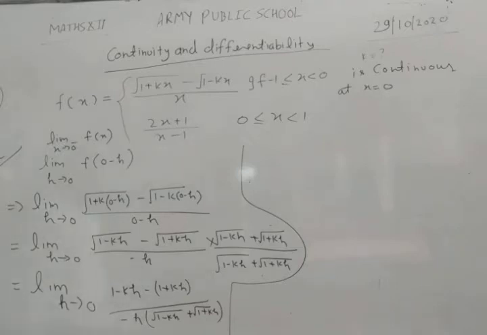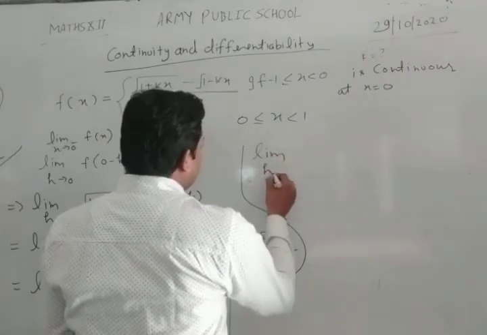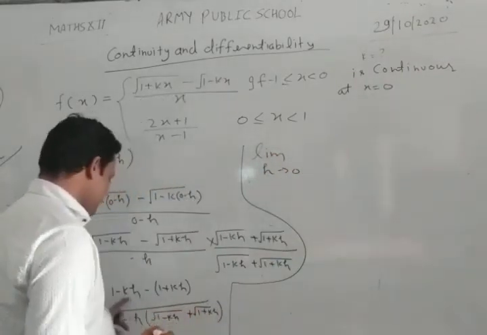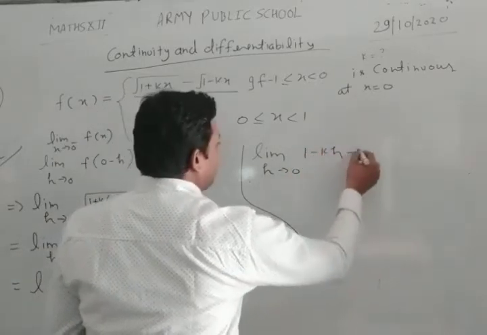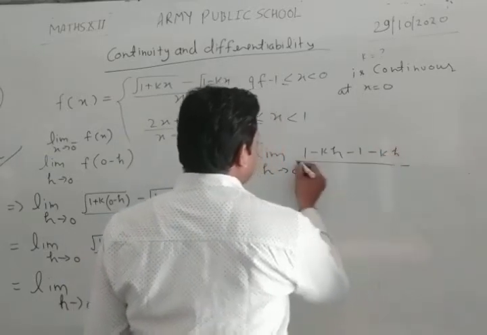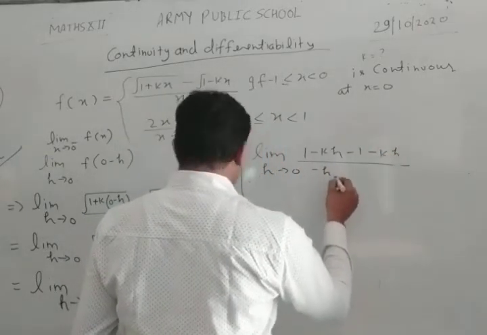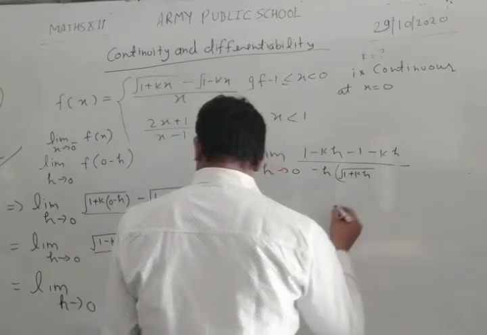Now we write limit h tends to 0, 1 minus kh minus 1 minus kh again, divided by minus h times under root 1 minus kh plus under root 1 plus kh.